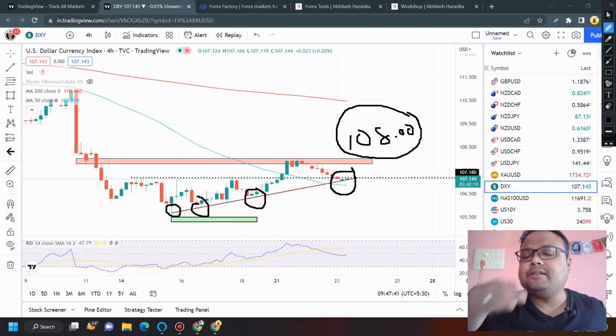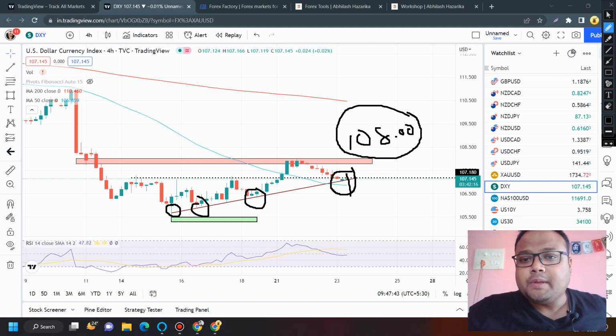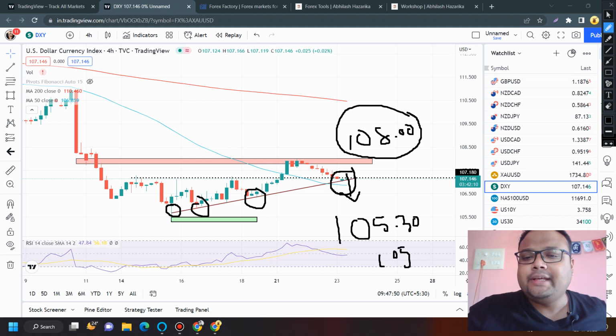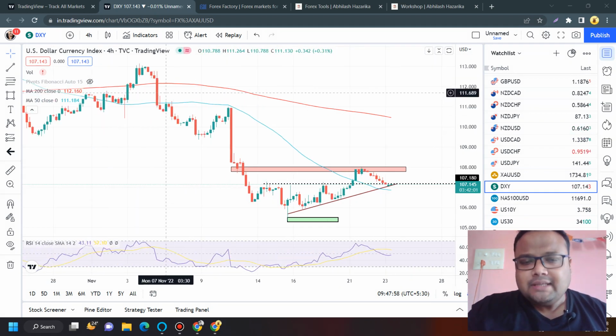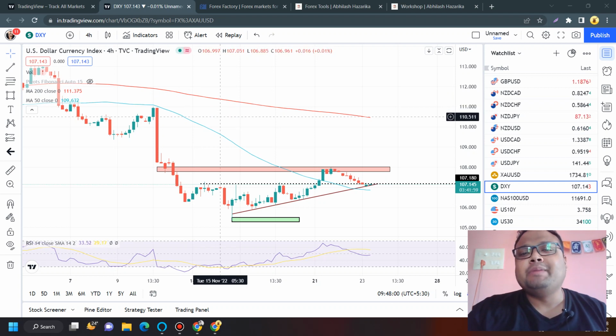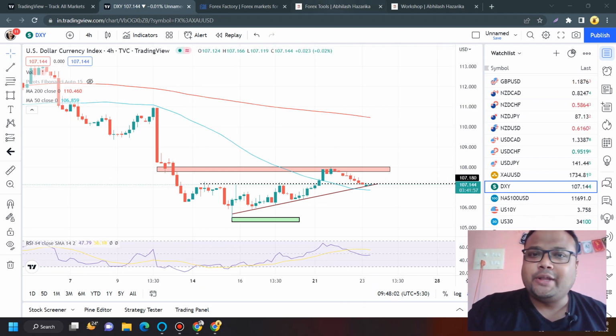In case it fails, it may break the trend line and head towards the next support of 105.30 to 105 level. So DXY is at a very critical level. Though it has faced heavy selling, it still wants to go up. It shows the willingness of the buyers to take the market up.